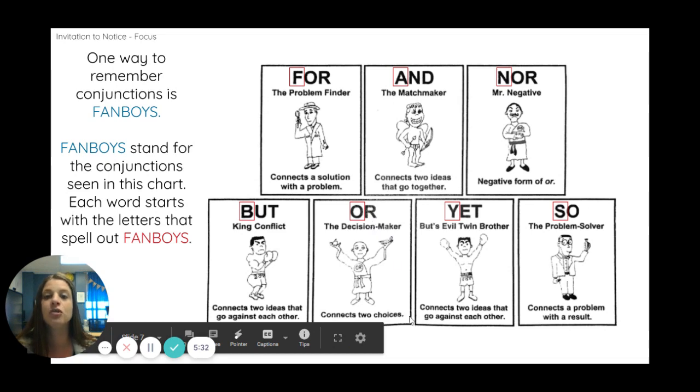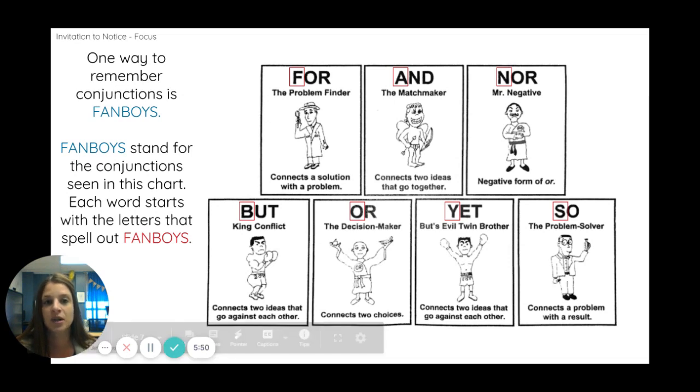Or connects two choices. Yet connects two ideas that go against each other, and so connects a problem with a result. So depending on the meaning of your sentence, you can use these different fanboys and conjunctions to really make your meaning clear for your reader.